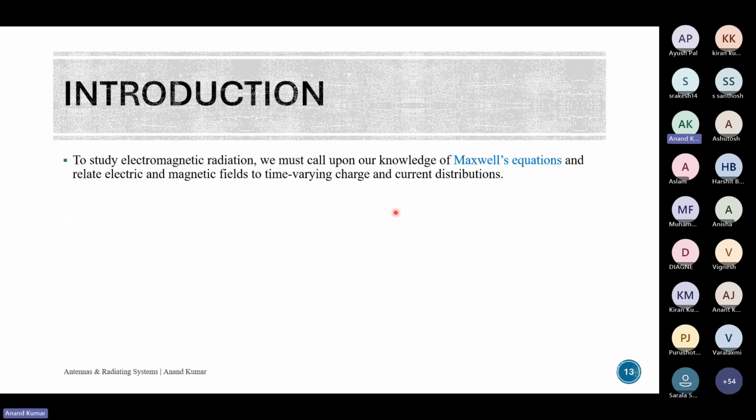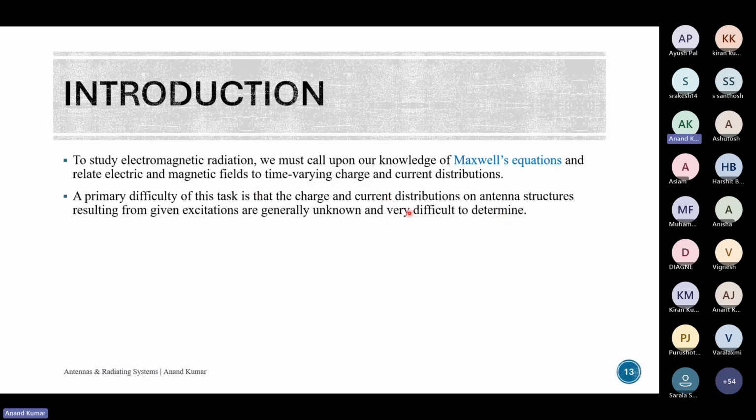To start with electromagnetic radiation, we must remember Maxwell's equations, which relate the electric and magnetic fields in time. In electromagnetic theory, we saw Maxwell's equations where there were no sources, or they might have been sources. Over here, we will have sources in them. Rho and J are the terms which are the sources.